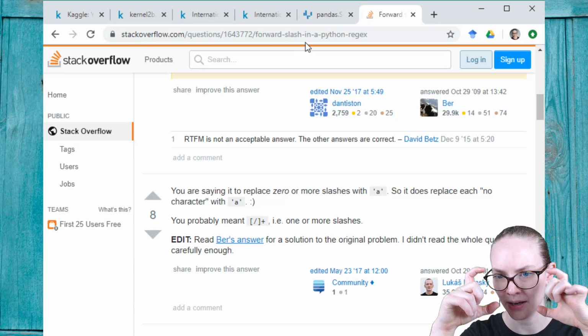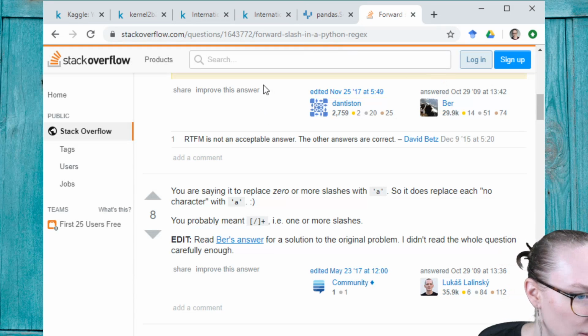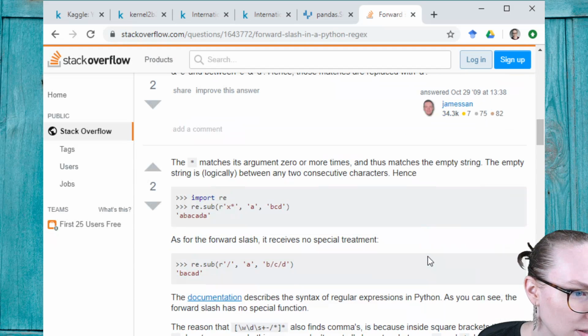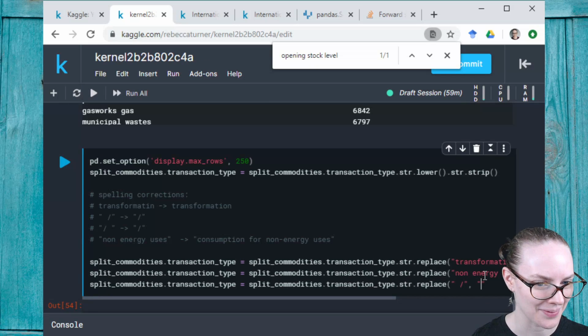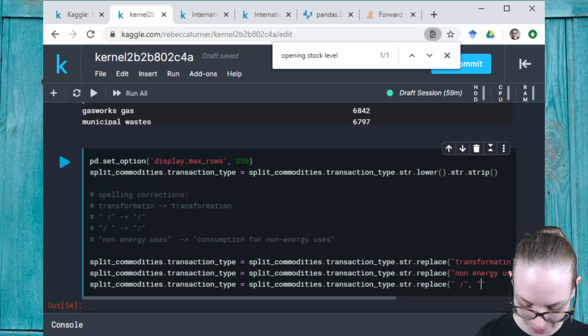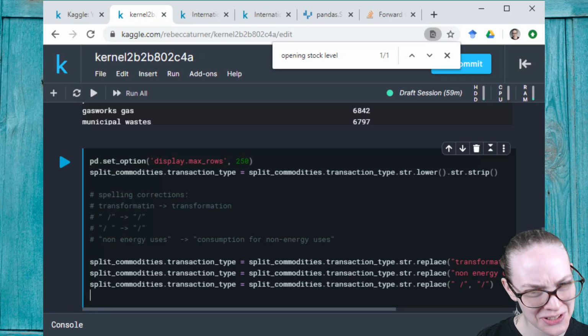All right. Oh, okay. Forward slash receives no special treatment. Okay, so I can just do that. Hopefully. I should probably do these one at a time, but you know what? YOLO. Also, the data set's not that big.